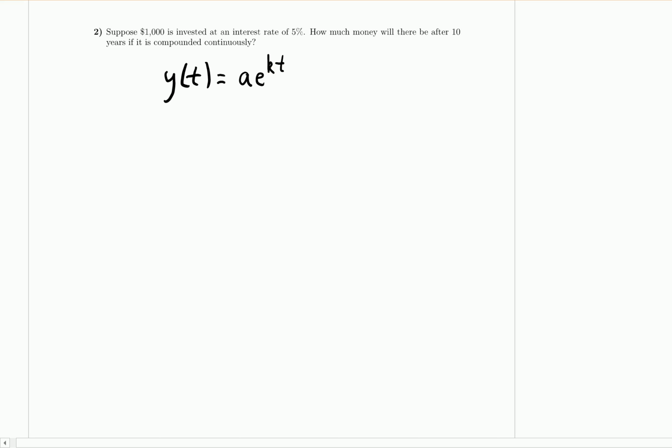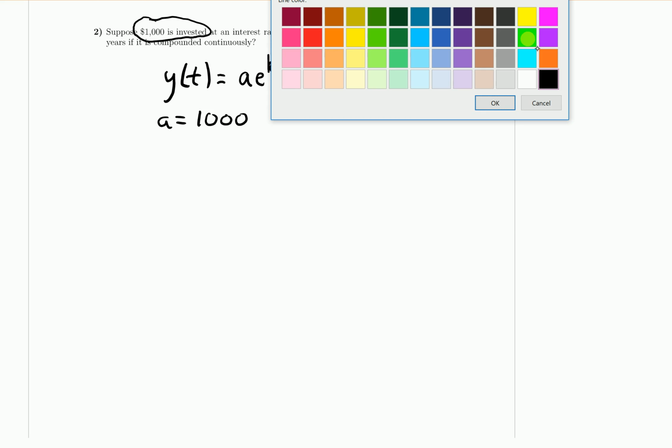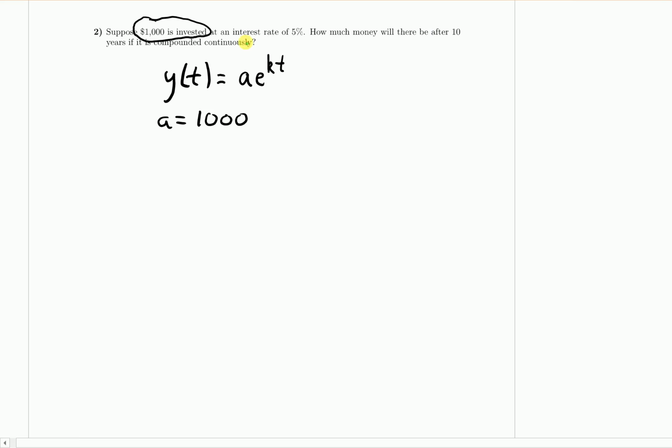Okay, so we have this. And we know a couple of things. We know that $1,000 is invested. So that's the initial amount. So the initial amount is A. So we know that A is 1,000. And then it also tells us the interest rate is 5%.